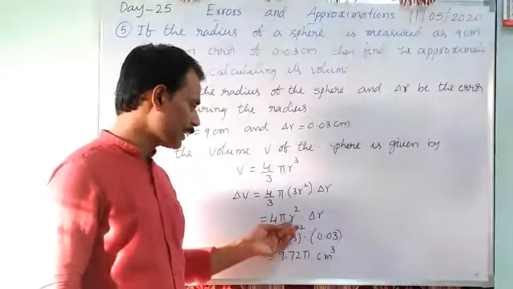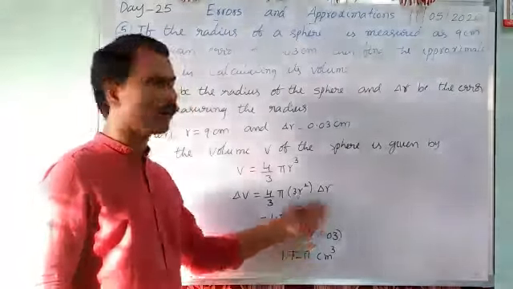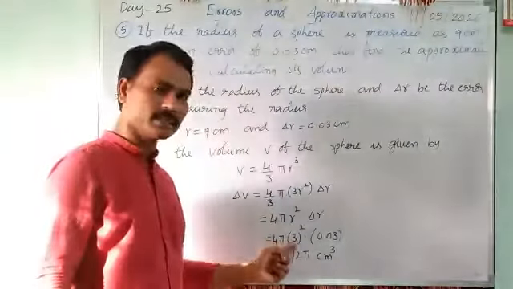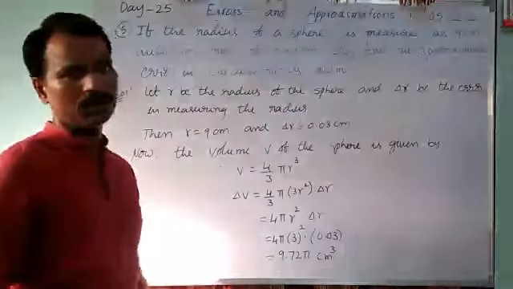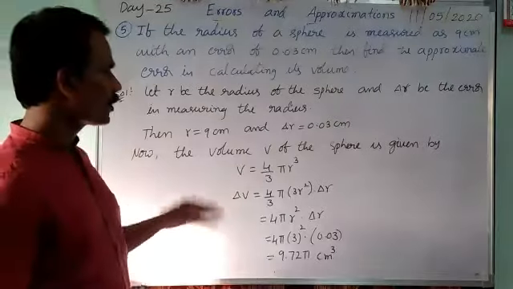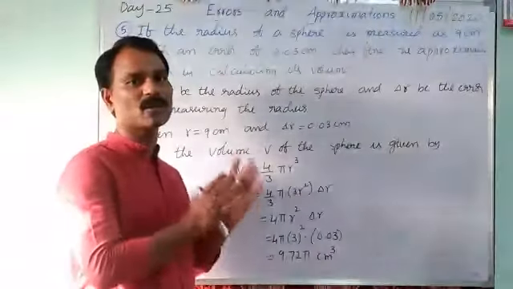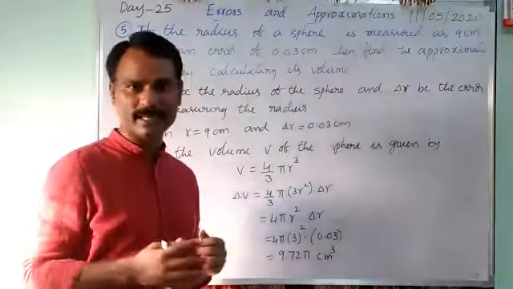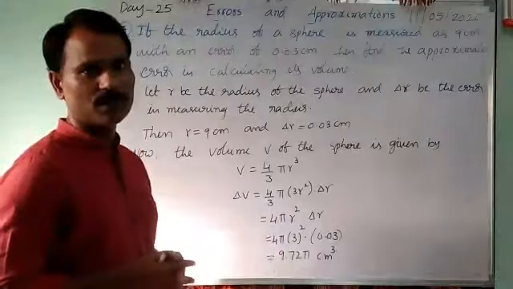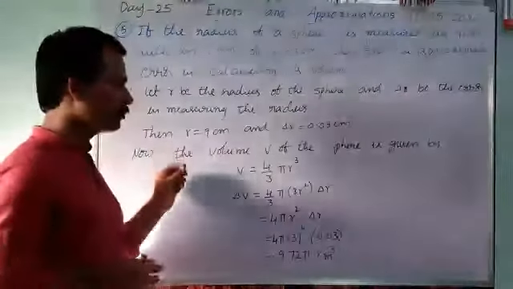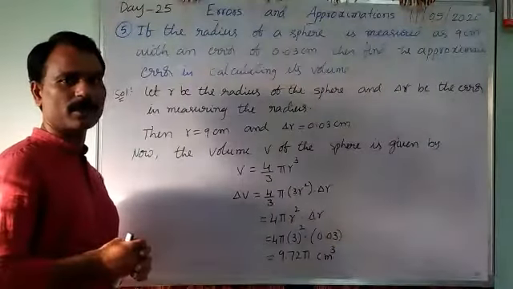Just calculate. After getting the r value, delta r is already mentioned. Substitute and simplify, and you can get the answer, guys. Like this, we have to solve the remaining exercise problems. Very simple problem. If you practice just one time, it is easily remembered.